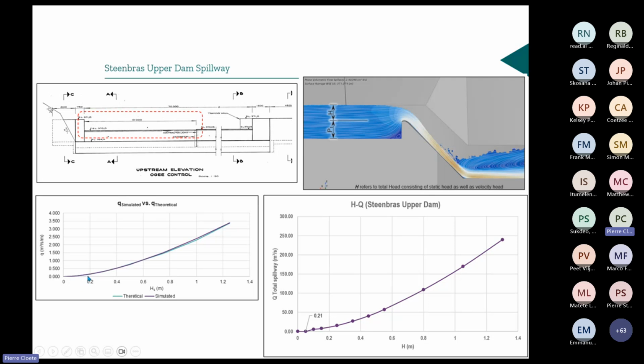So it's not a single set CD value for that spillway. But we did do the comparison between the simulated values and the computed values, and they overlapped fairly well. You can refer to the Design of Small Dams textbook to get the design calculations for the WES spillway.